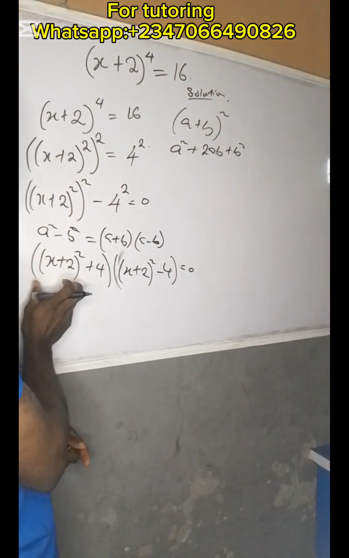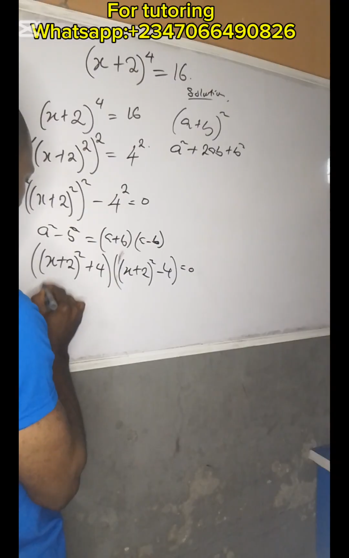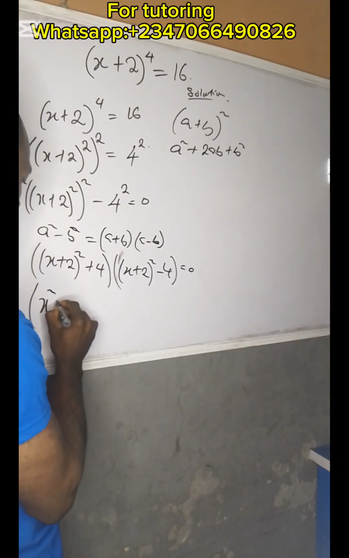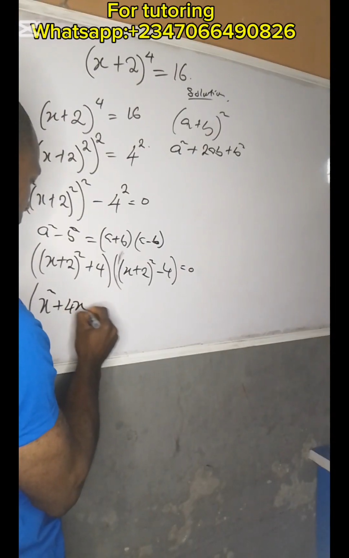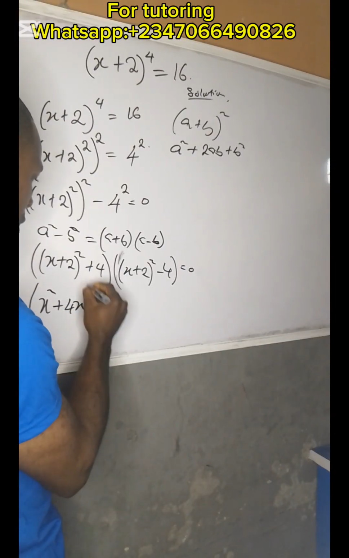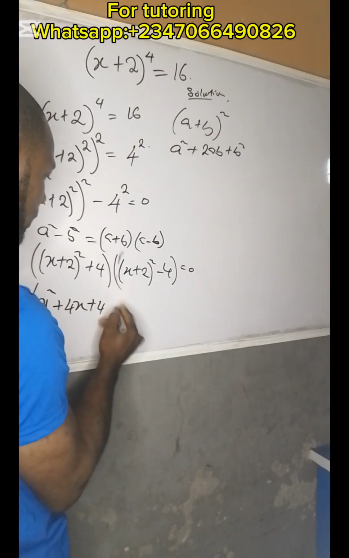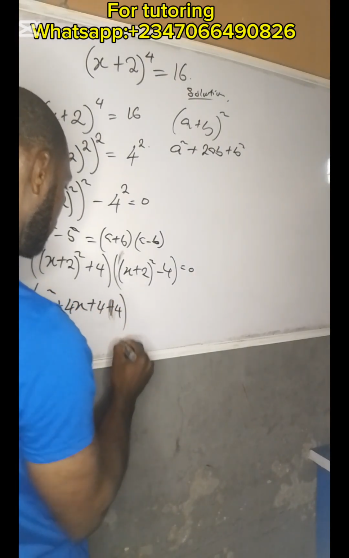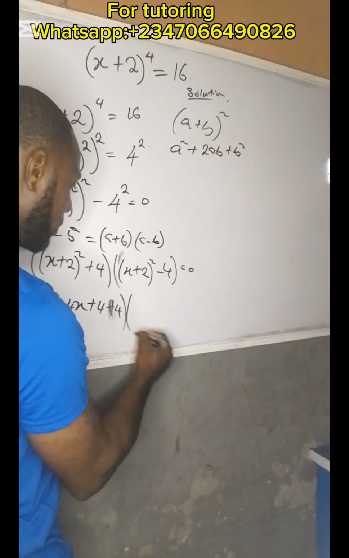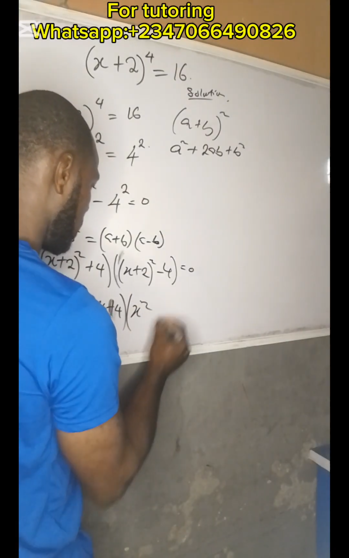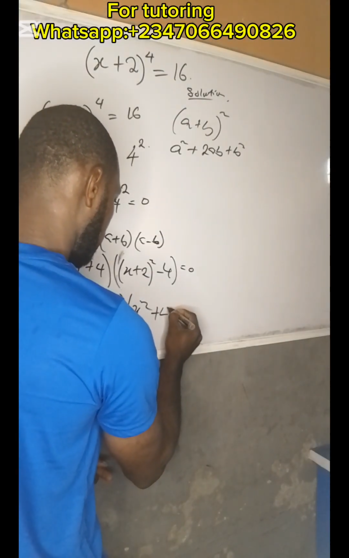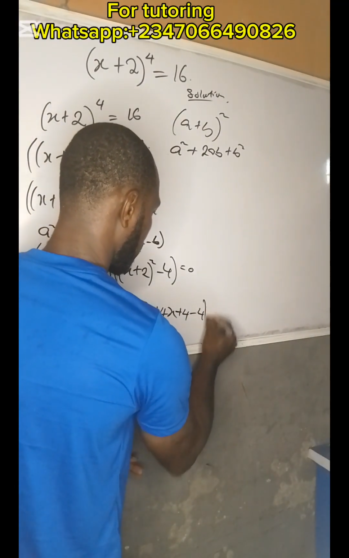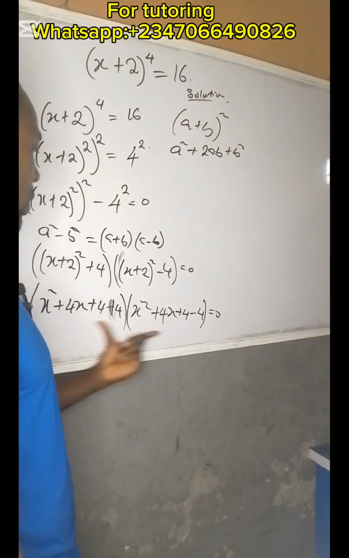Applying this, the first bracket turns to x squared plus 4x plus 4, plus 4. The same bracket will also turn to x squared plus 4x plus 4 minus 4, all equals to 0.